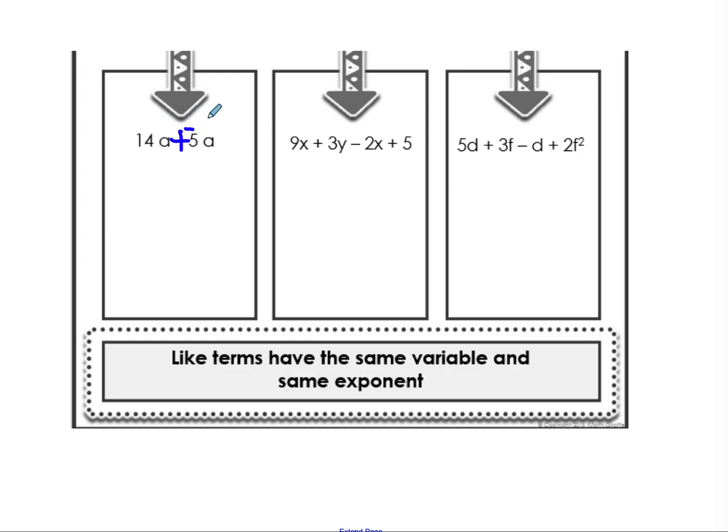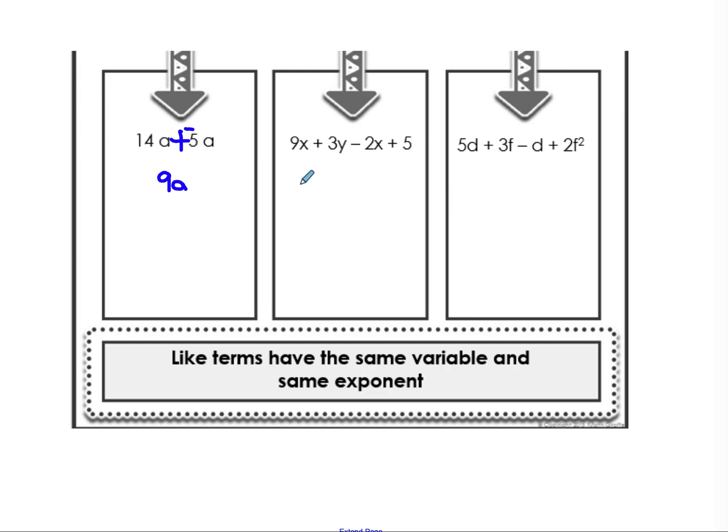I'm thinking 14 plus negative 5. Different signs, find the difference. 14 minus 5 is 9a. So if I had 14 a's and I took away 5, I'm left with 9 a's. The letter tells you the shape of the thing. The number tells you how many you have.